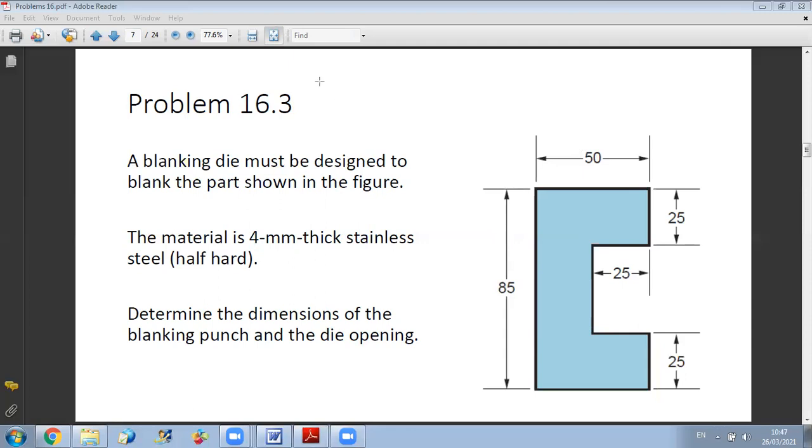The hole that you will produce will be in the form of your final part, because you desire to take the part that is cut from the operation, not the part that will remain after removing a certain part. Did you understand the difference between the two? So in blanking operation, this will be your punch.